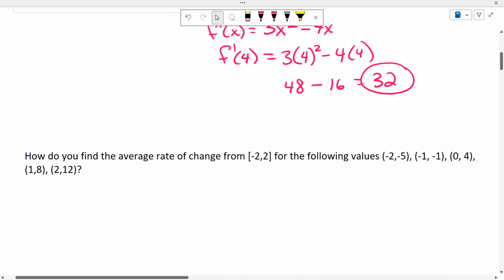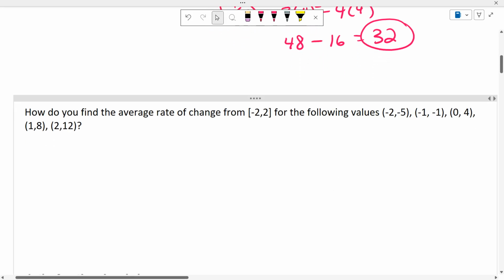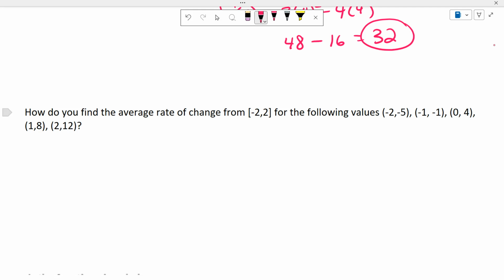How do you find the average rate of change from this to all these different values? Are they normally in a chart? They'll be in a chart. So from negative 2 to this, so from here to here, what's your change in y?